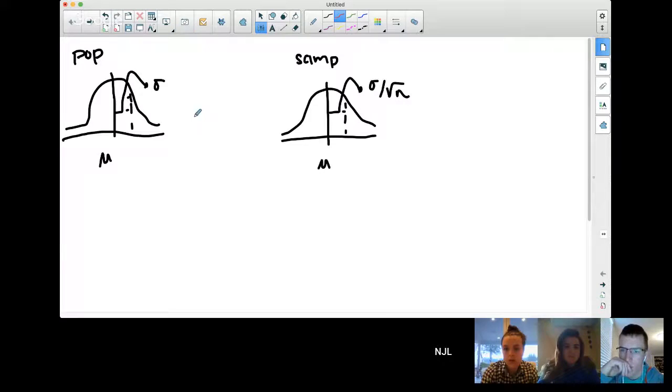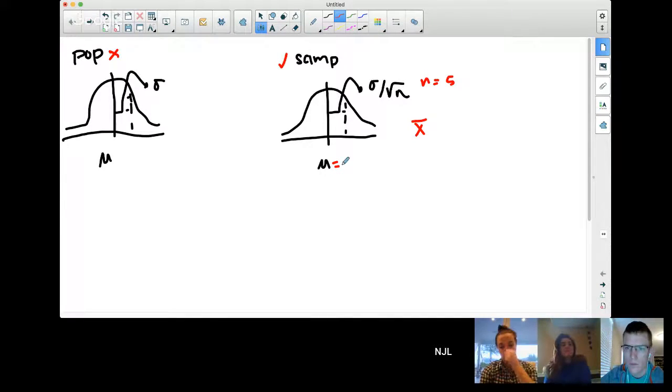You're either dealing with this scenario or this scenario. And since they told us we're getting an x bar, they gave us n equal to 5, and told us to find the x bar, it's this picture. You've got to ignore the other picture right now.